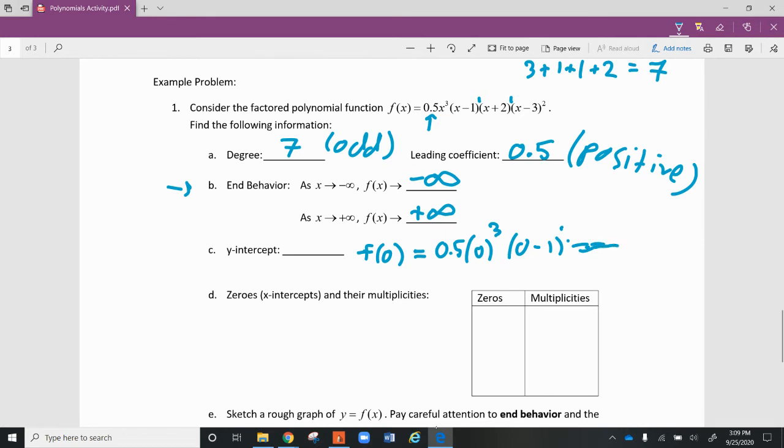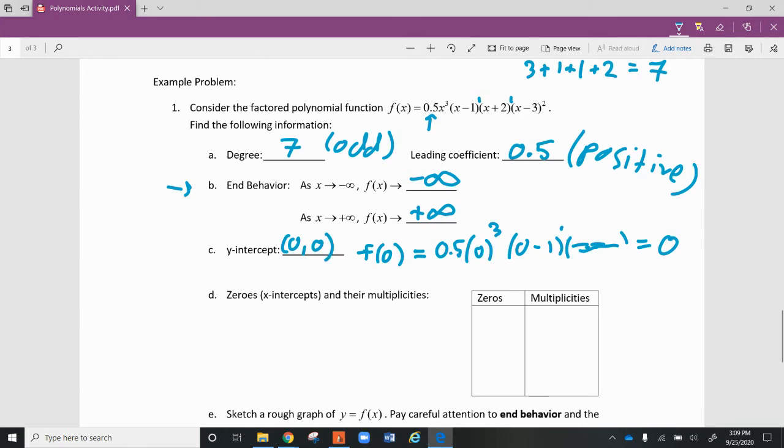I'm not even going to bother writing out the rest of this because it's times 0, right? So whatever the rest of this equals doesn't matter, because right in the beginning we can see that we're multiplying by 0. So this whole thing is going to be 0. So that means our y-intercept, in this case, is (0, 0), the origin.